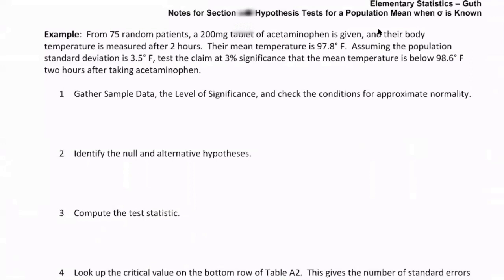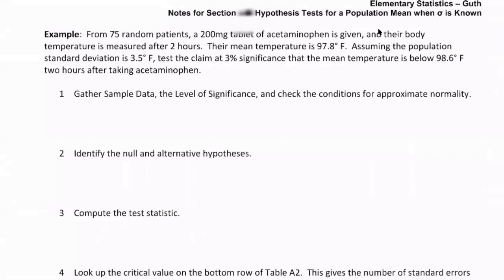Assuming the population standard deviation is 3.5 degrees Fahrenheit, test a claim at 3% significance that the mean temperature is below 98.6 degrees Fahrenheit 2 hours after taking acetaminophen. And that's just Tylenol. We know Tylenol is pretty good at lowering body temperature. It's one of the good ones. So let's see how this goes.